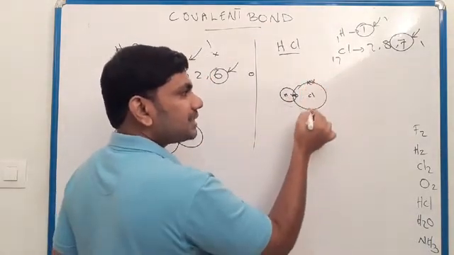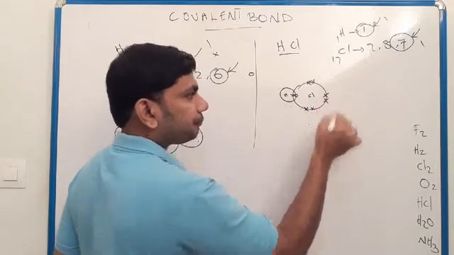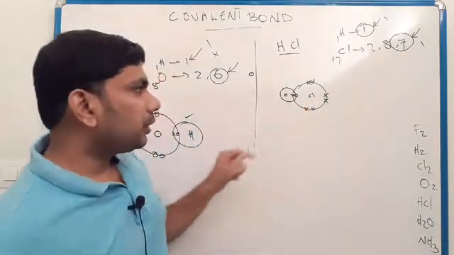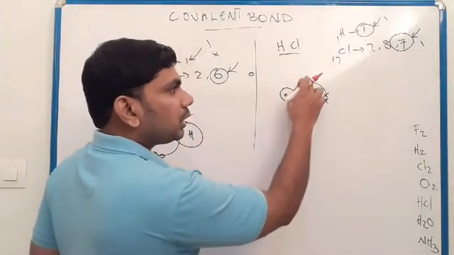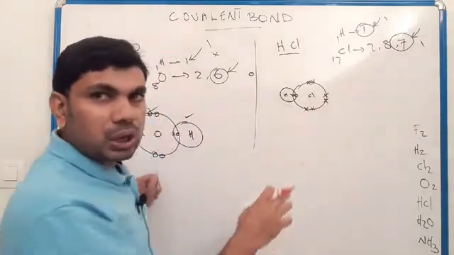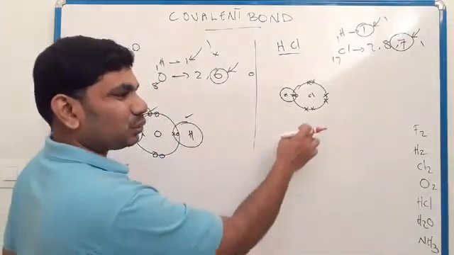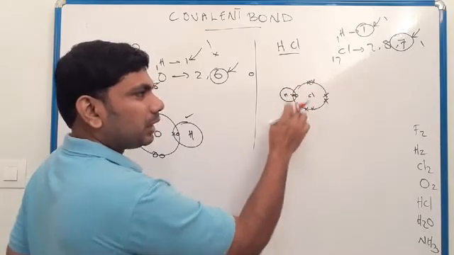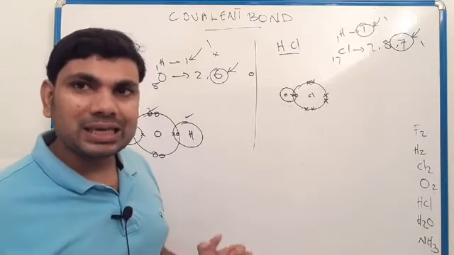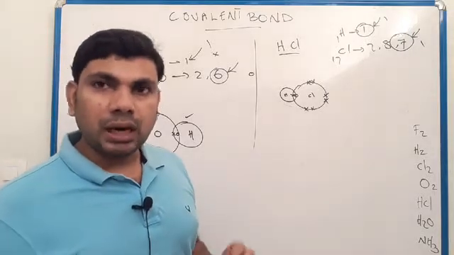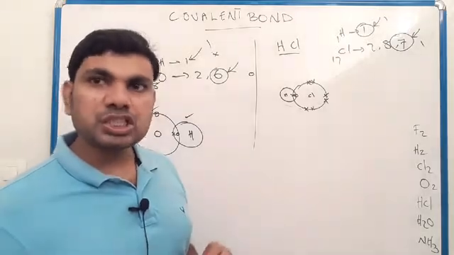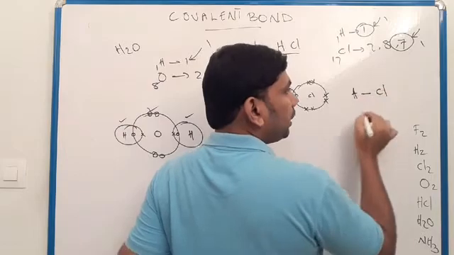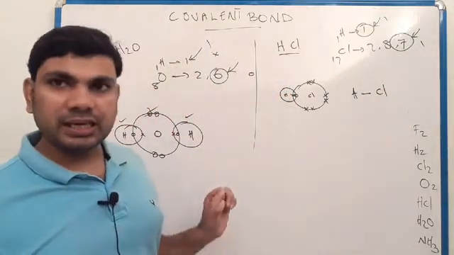How many left? 6 electrons left. Now chlorine gets 8 electrons. Look here, 2, 4, 6, 8. Including these 2 electrons, chlorine gets 8 electrons in its outer shell. Now hydrogen and chlorine share one pair of electrons, HCl.